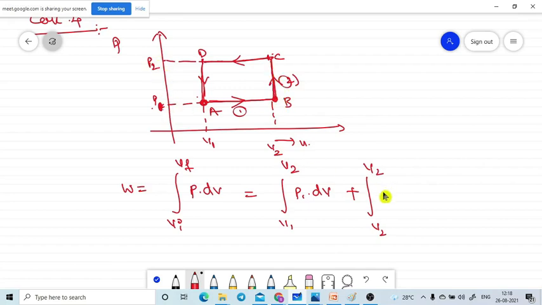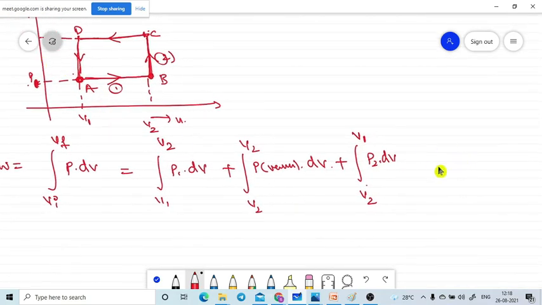So pressure is not constant, pressure is a variable, but dV is the same. Plus the integral from V2 to V1, where pressure is the constant P2, into dV. The third graph is over.